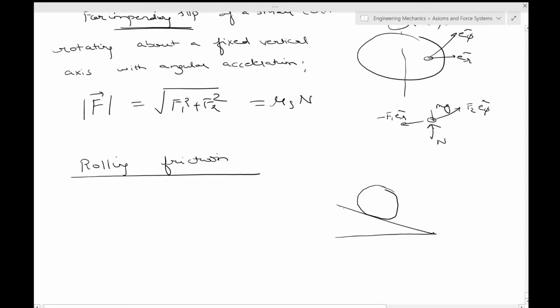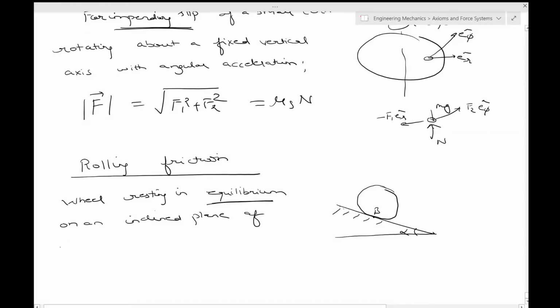So this is at point B, this angle is alpha. So consider the wheel resting in equilibrium. Recall what equilibrium was, please check the definition. On an inclined plane of small inclination, alpha not equal to 0.